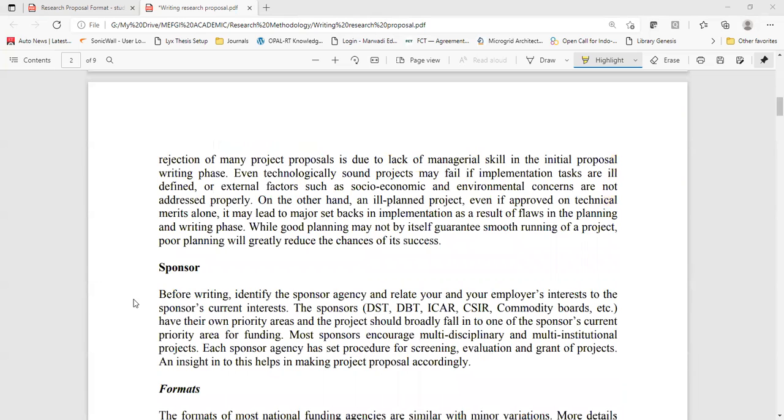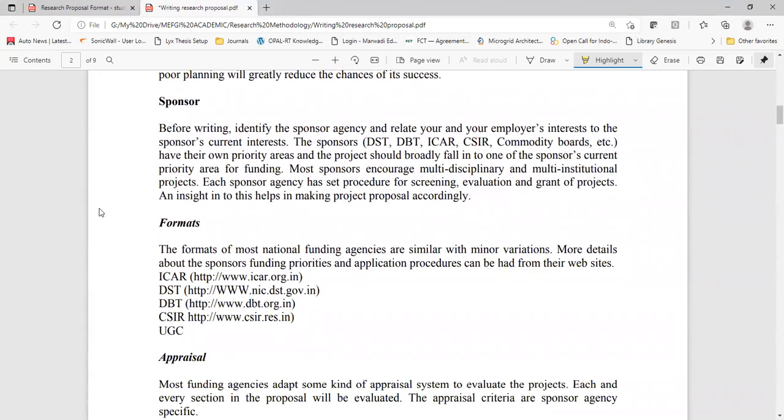So one of the major reasons for rejection is lack of managerial skill in the initial proposal writing phase. Even if your project is technically sound, it may fail if the implementation tasks are not defined properly. So a bad planning will lead to rejection of the project. Second, before you write, identify an appropriate sponsor agency.